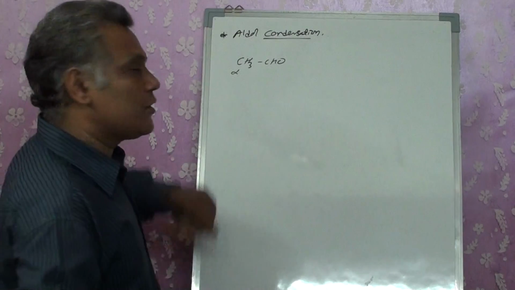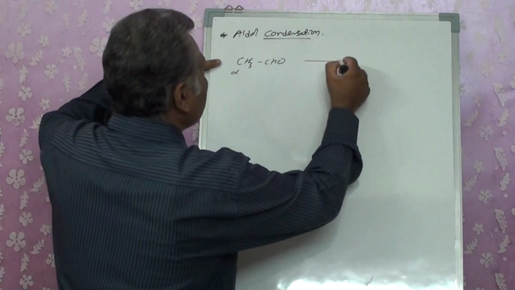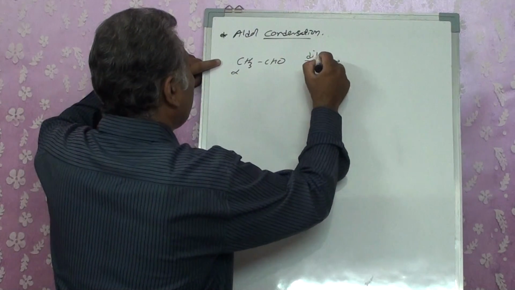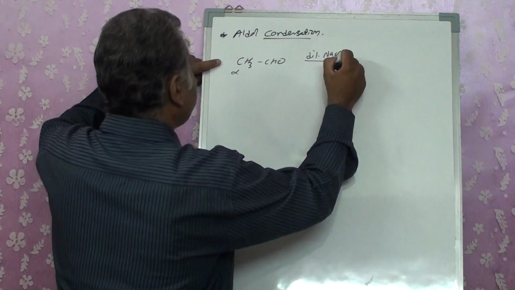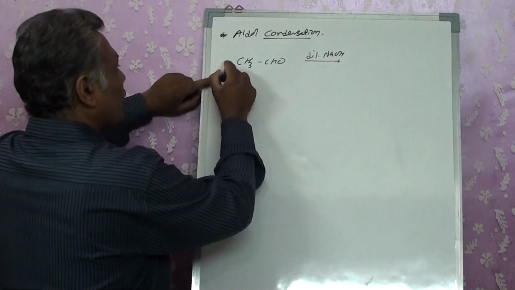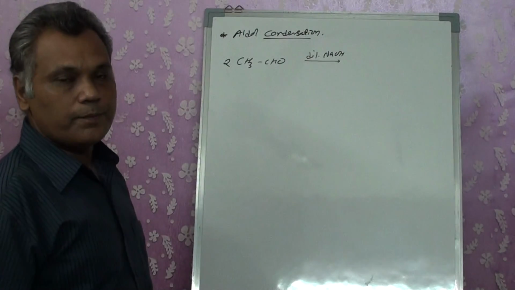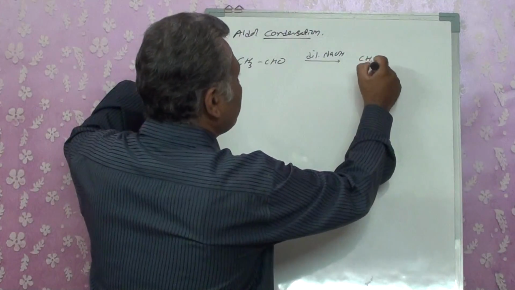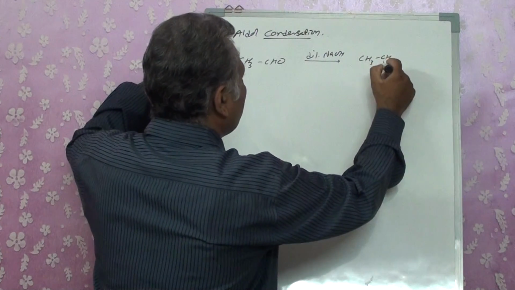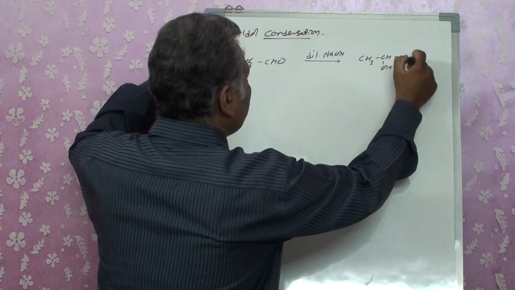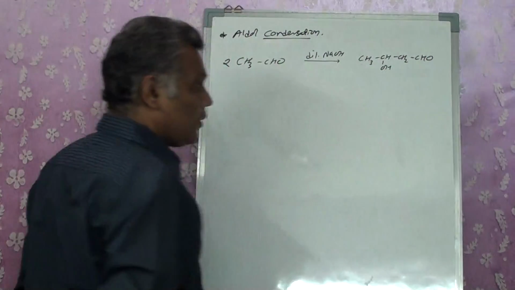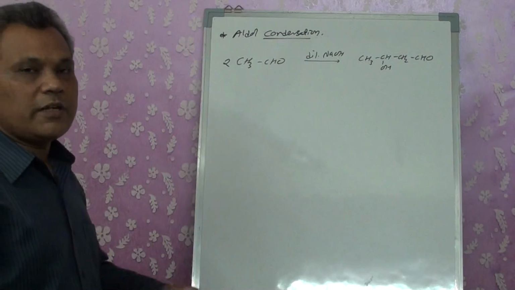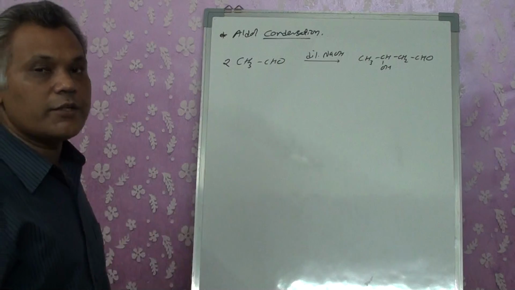This component is going to react with dilute NaOH. We will take this compound as 2 moles, and it converts itself into CH3CHOHCH2CHO.